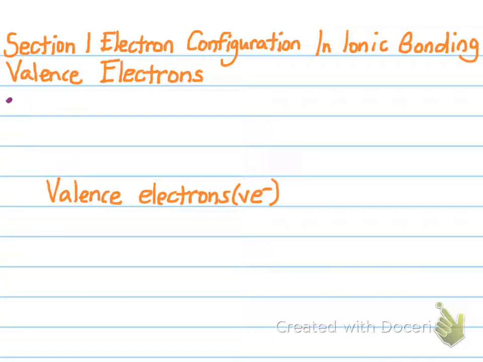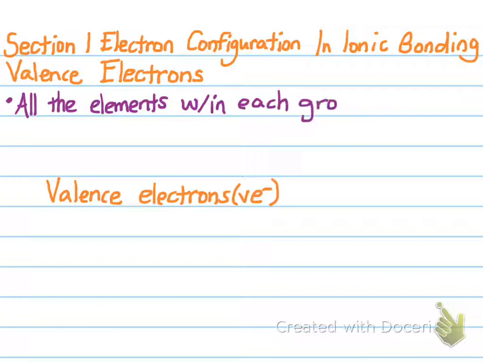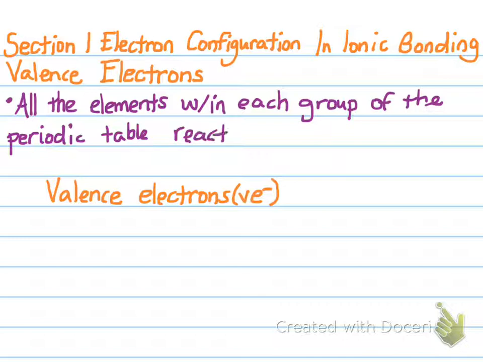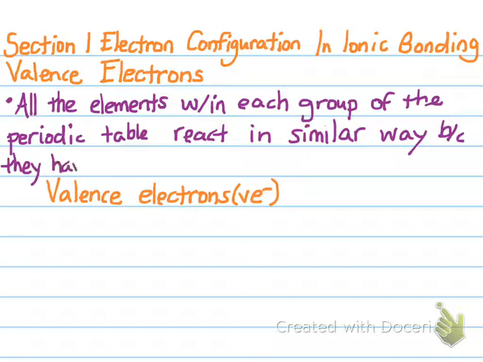And you need to know that all the elements within each group of the periodic table react in similar ways because they have the same number of valence electrons.